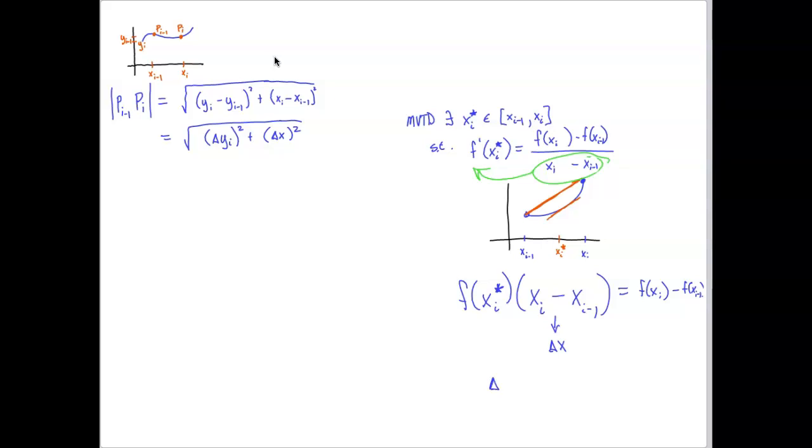So what I'm saying is that delta x times f prime of xi star equals, and that's just delta yi. Oh, I'm sorry, I just left out the prime. You're right, Catalin. Thank you.